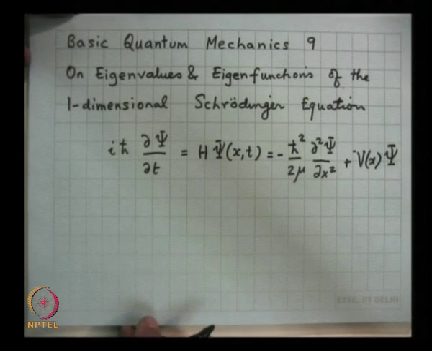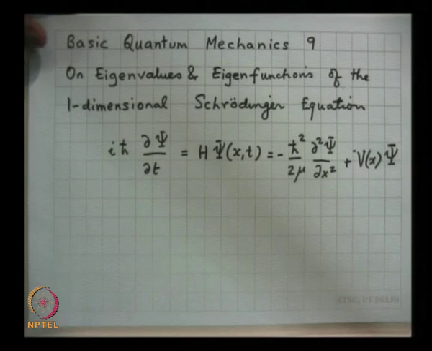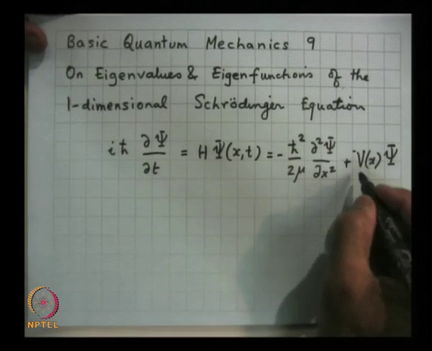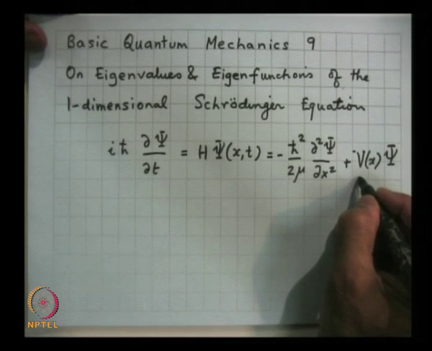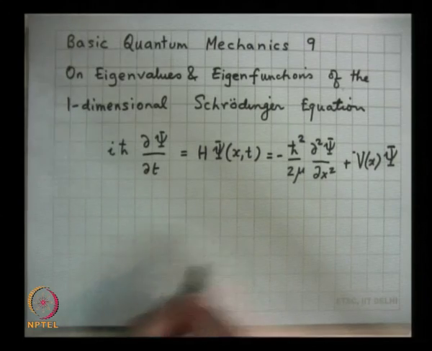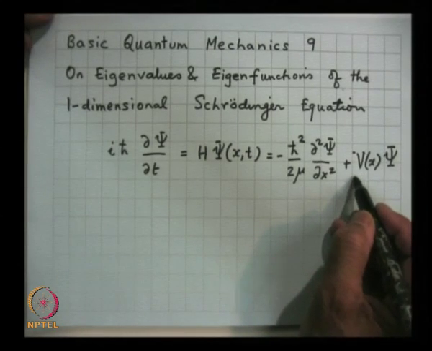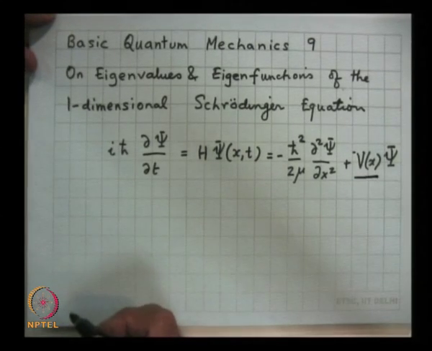This is known as the one-dimensional Schrodinger equation for a particle in a potential energy function V of x. We assume that the potential energy function is independent of time and depends only on the space coordinates.